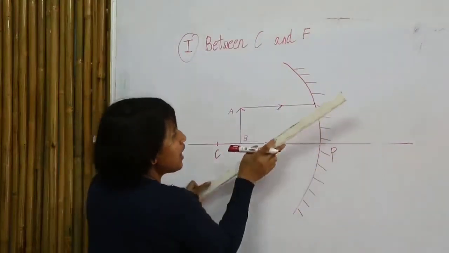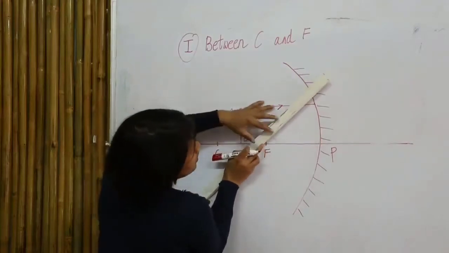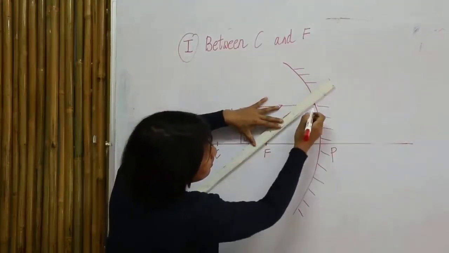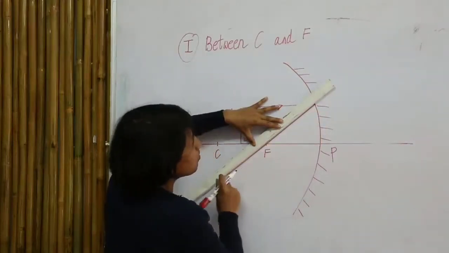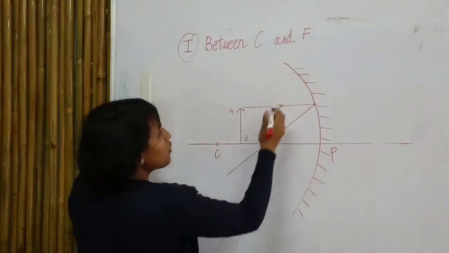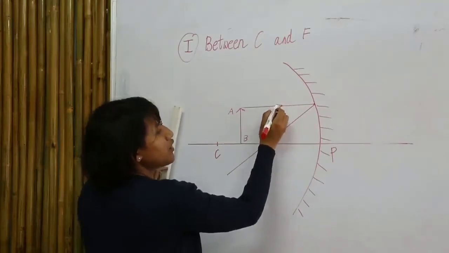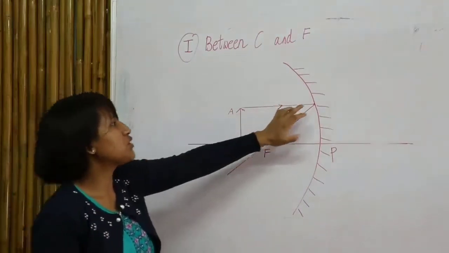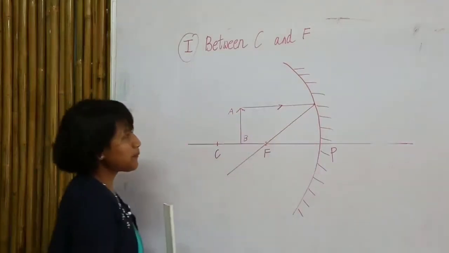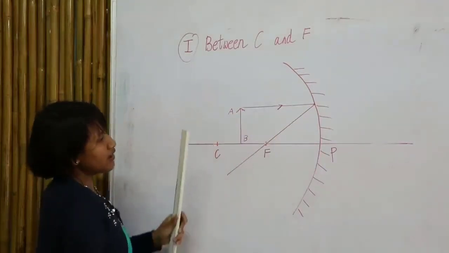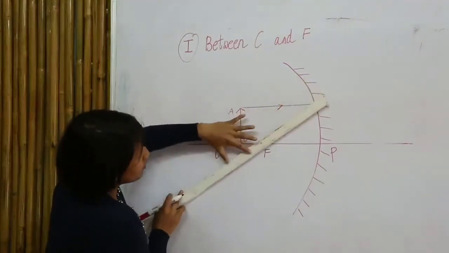So you have to remember the rule. This parallel ray of light will pass through the focus. Make sure when you draw, it should be exactly correct, passing through the focus, and then you extend this.